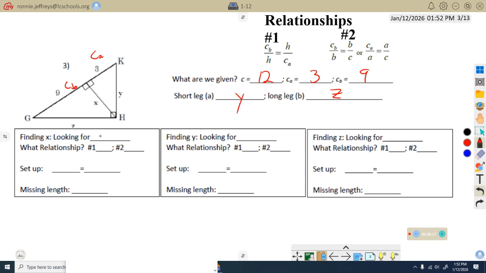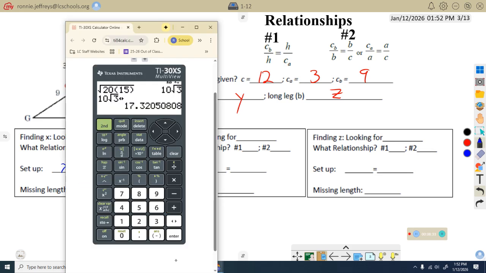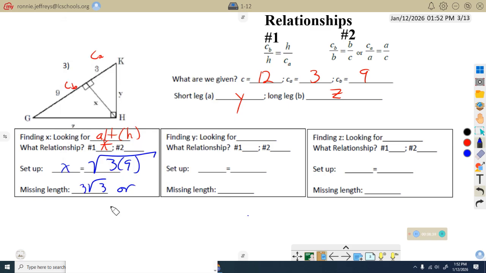So X, we're looking for the altitude, which is our H. That's number 1. Sorry, that's the wrong color, but it's okay. 5.20.